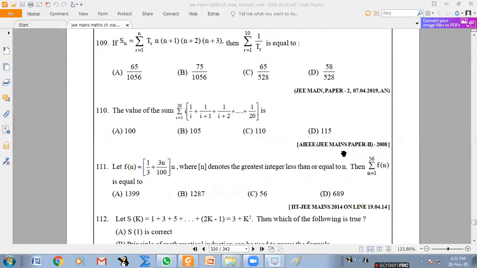It is an AP except for the 56. First term, how many terms are there? 23 plus 24 plus so on up to 56, plus one more 56. This is an AP. You can find the sum.